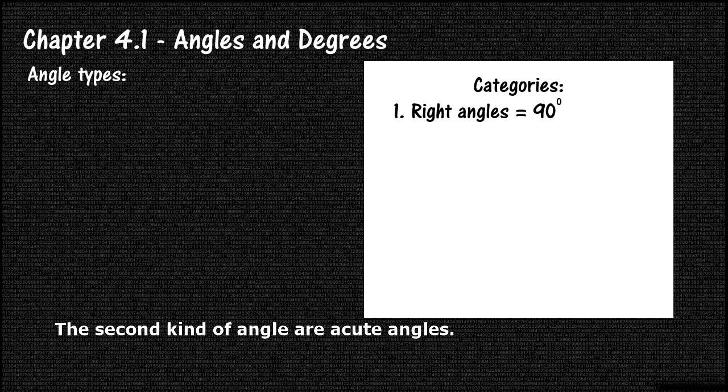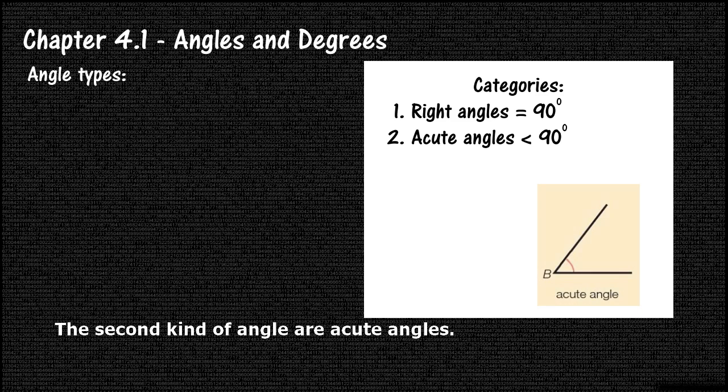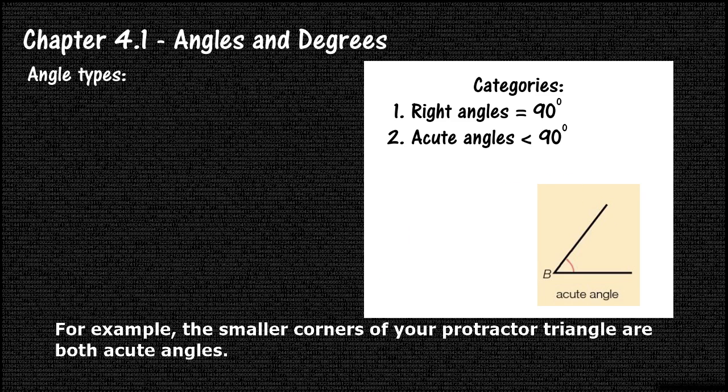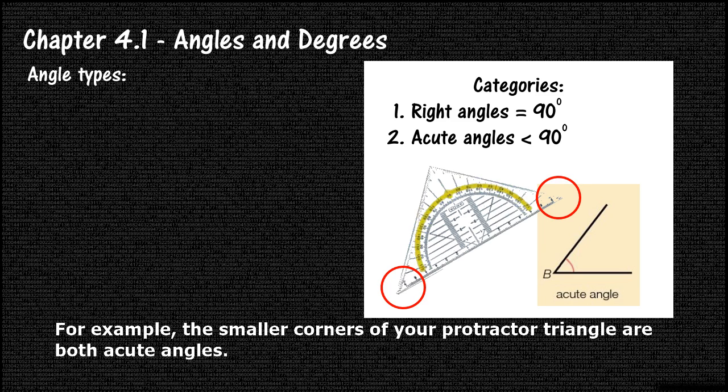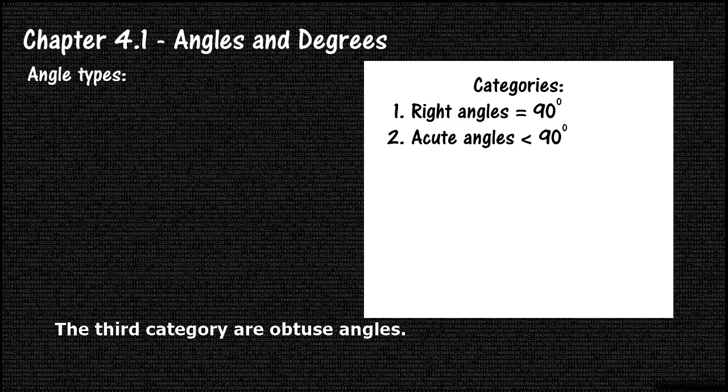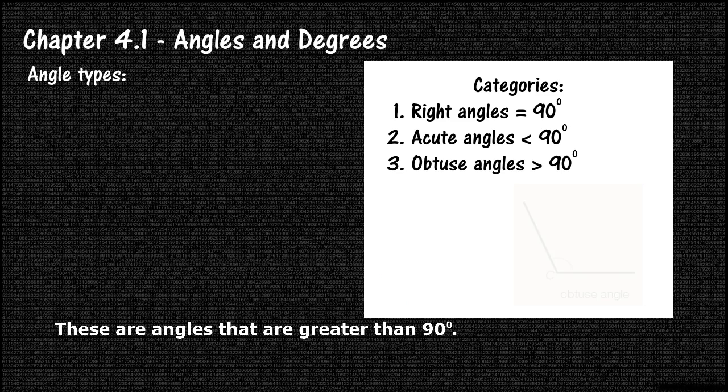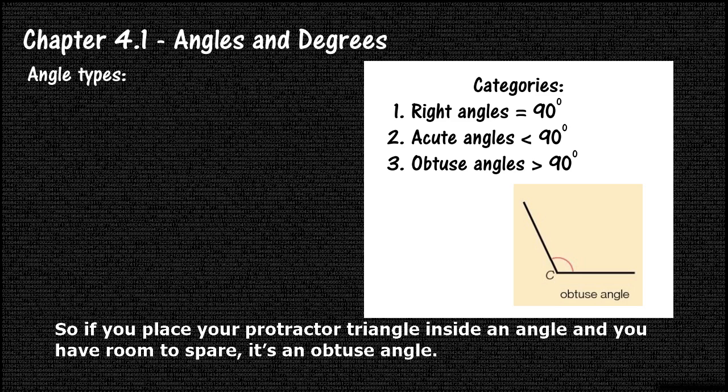The second kind of angle are acute angles. These are angles that are less than 90 degrees. For example, the smaller corners of your protector triangle are both acute angles. The third category are obtuse angles. These angles are greater than 90 degrees. So, if you place your protector triangle inside an angle and you have room to spare, it's an obtuse angle.